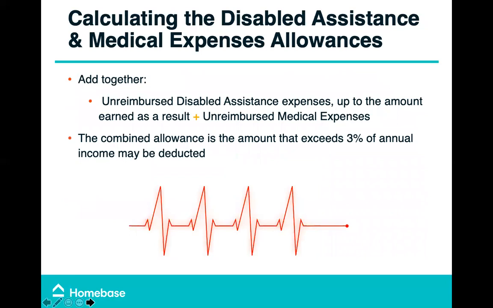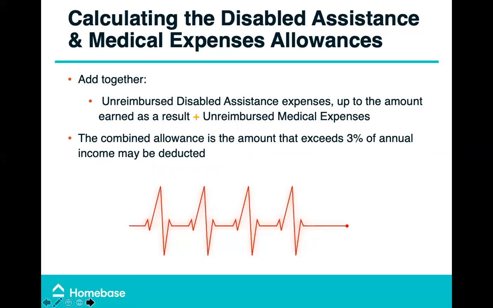All right, so calculating these two allowances. I've told you what these two allowances are, and now I'm going to tell you how to calculate how much you must deduct, because as I said, HUD has intertwined these two allowances. HUD says that first you add the unreimbursed disabled assistance that you determined in step 4 and the unreimbursed medical expenses from step 5.